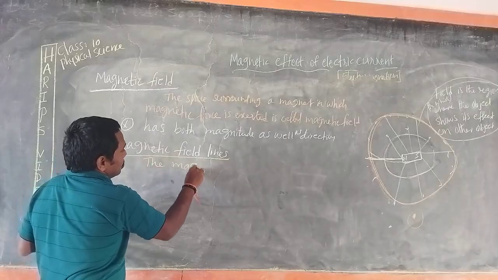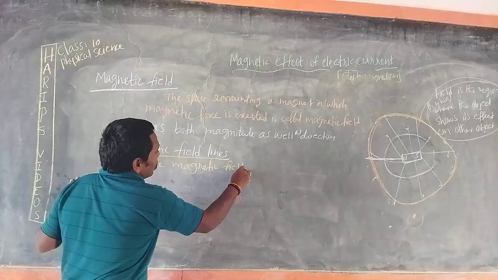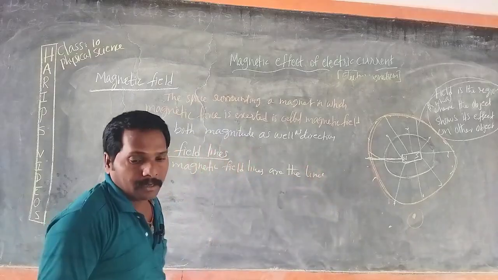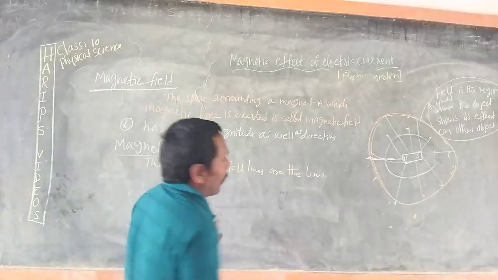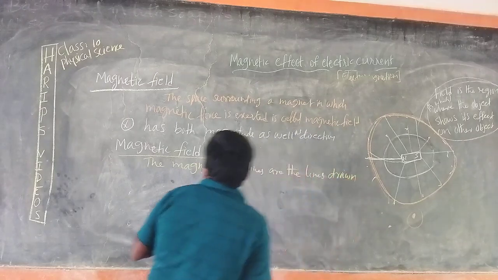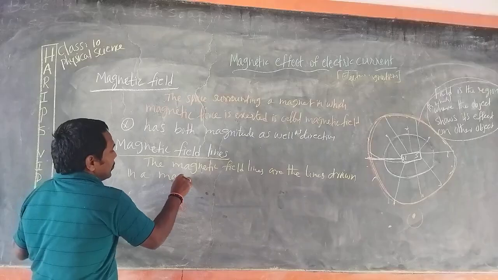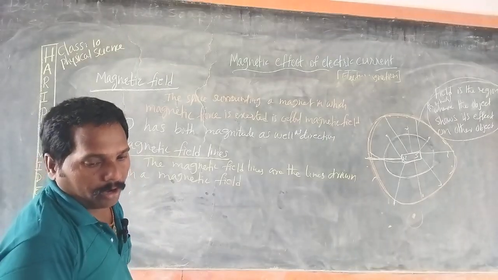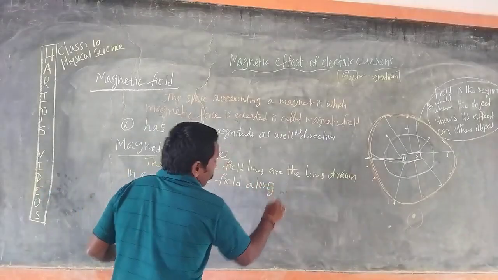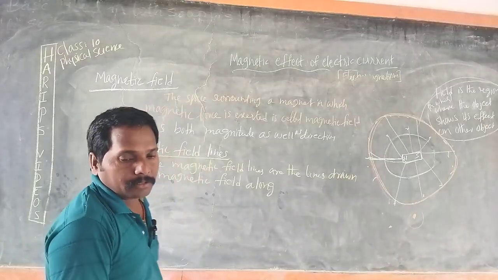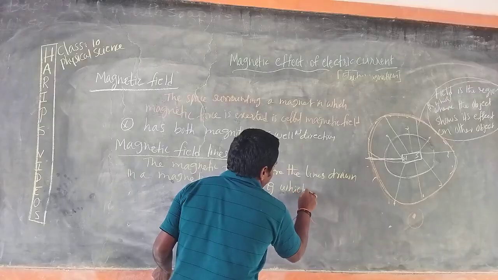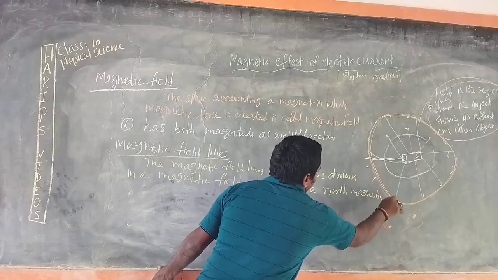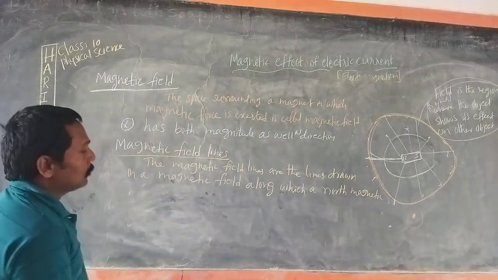drawn in a magnetic field along which a north magnetic pole would move.